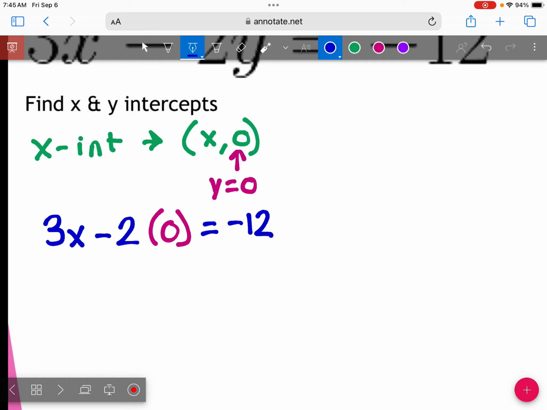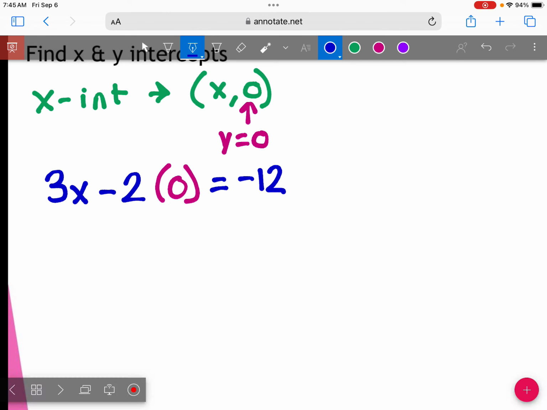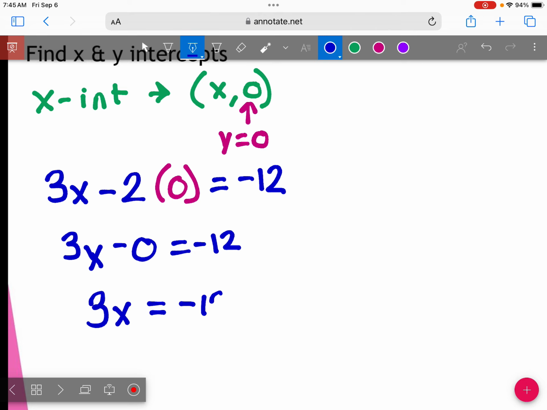What is 2 times 0? 0. So this is the same thing as saying 3x, that's an x, minus 0 equals negative 12. Well, that's just the same thing as saying 3x equals negative 12. Because minus 0 doesn't change anything.